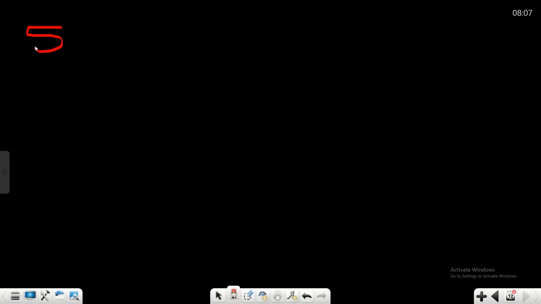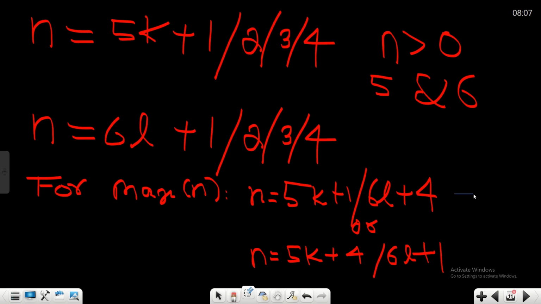Now let us start listing out the numbers. If you take multiples of 5, then you will get 5, 10, 15, 20, etc. Now if you take the difference of 6 multiples and 5 multiples, one thing is clear: it should be 3 over here, and it should be minus 3 over here, correct?